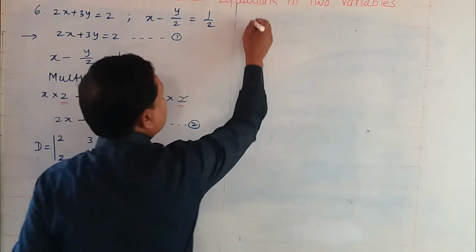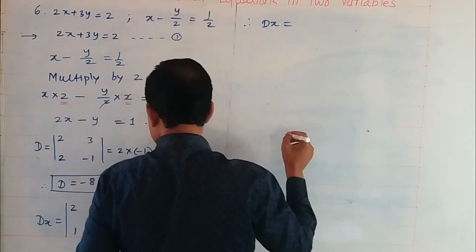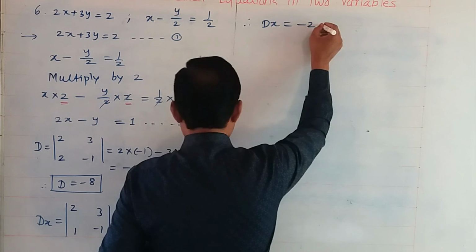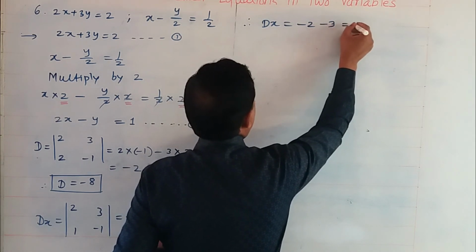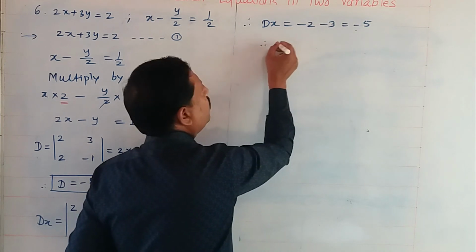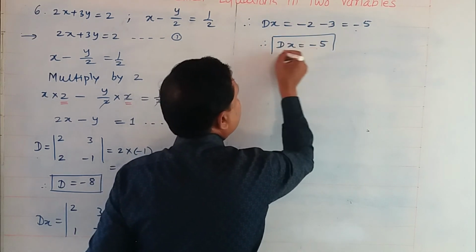Hence we get here dx is equal to minus 2, this minus 3, that will be minus 5. Hence the value of determinant dx is equal to minus 5, or we can say it is a negative 5.